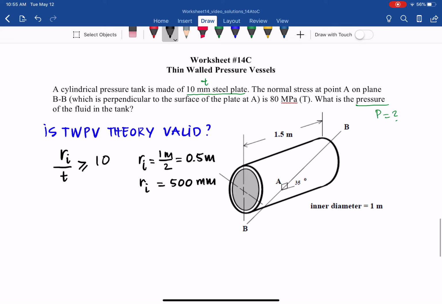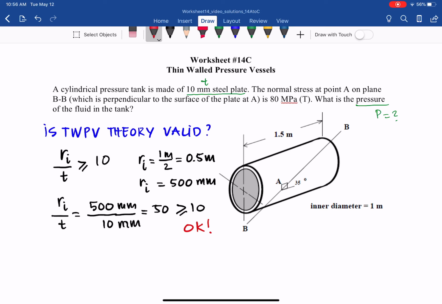So from that we can plug in here. We have Ri over T equal to 500 millimeter over T with the 10 millimeter, equal to 50. And 50 for sure is greater than 10, and that is okay for this theory.